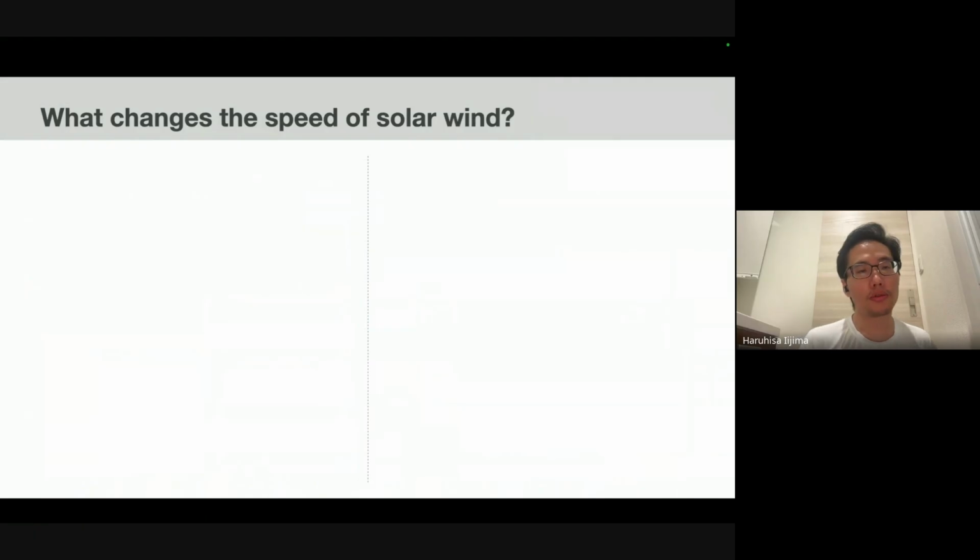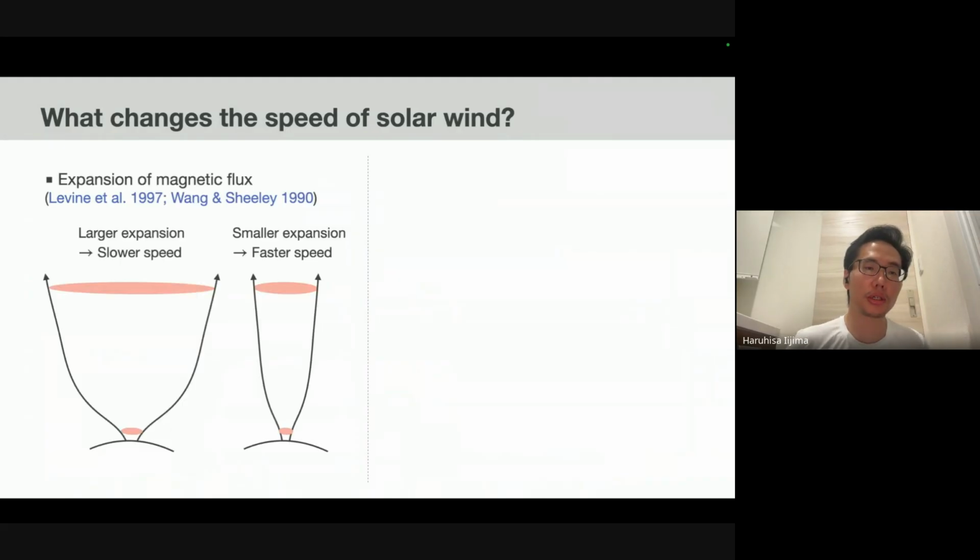In the physical sense, what changes the speed of the solar wind? One is, of course, the expansion factor. This is very simple because the geometrical expansion of the magnetic flux tube leaves a weaker energy density, and it leads to a slower speed of the solar wind.